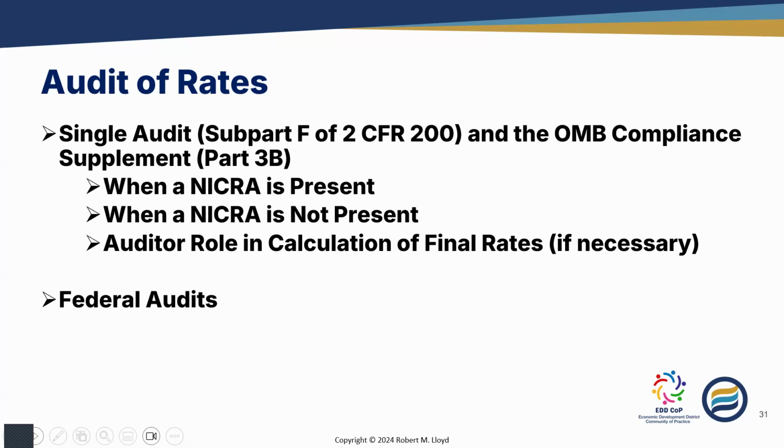So those without a so-called NICRA, their auditors have a greater role to play than those where a NICRA is present. Another reason why it makes sense to try to obtain a negotiated rate agreement with the federal government and to be able to apply that to all of your programs and activities going forward.